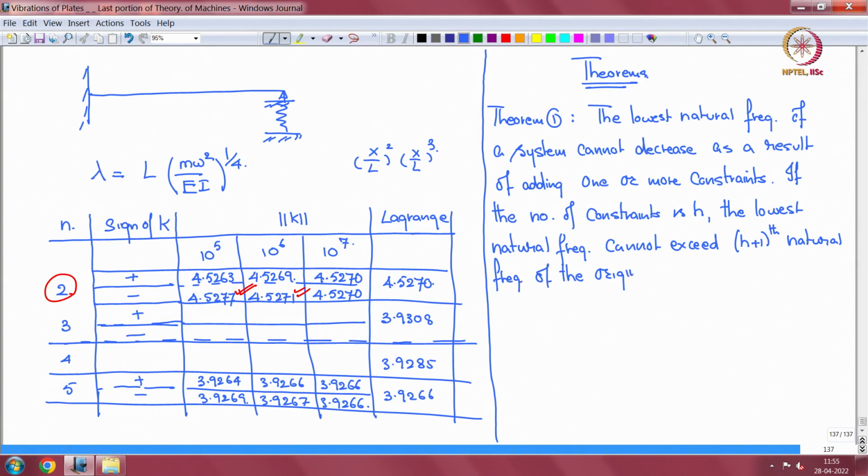Okay, an interesting theorem. What that means is, if we have omega 1 of the original system, and we have implemented h constraints on it, then the new set of natural frequencies and the lowest amongst them is bounded like this, by h plus 1. Okay. So, this is interesting.